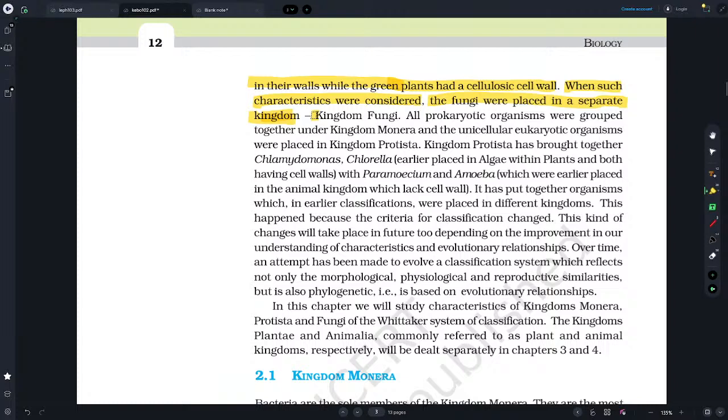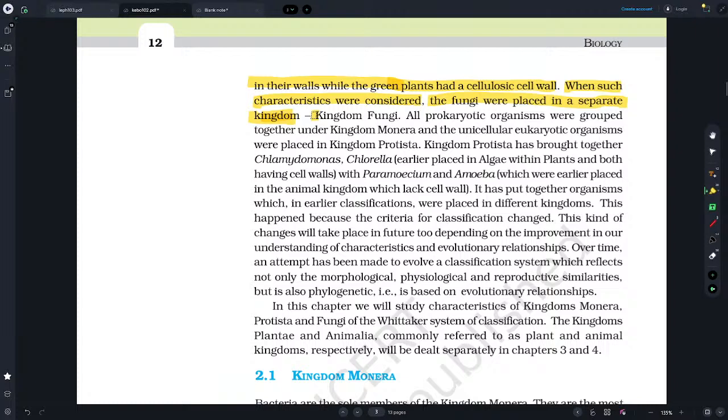The prokaryotic organisms can only be found in the kingdom of Monera, and as for Protista, we find unicellular eukaryotes. All the unicellular eukaryotes are placed under the kingdom of Protista, whose members we call protozoans. Kingdom Protista has brought together Chlamydomonas and Chlorella, earlier placed in algae with plants because both had cell walls.